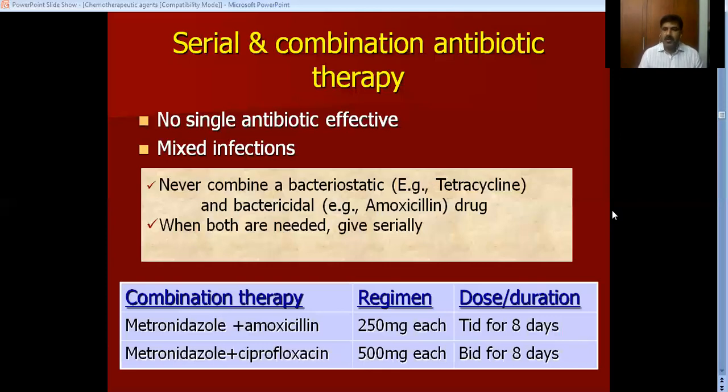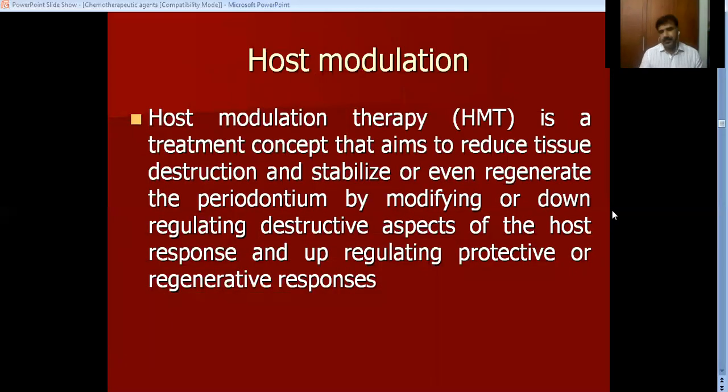And also, you can use a combination of metronidazole and ciprofloxacin. So these are combinations you can give. It addresses all the different bacterial spectra which can result in periodontal disease. That is the basic idea. So you should know what is serial antibiotic therapy and what is combination antibiotic therapy.